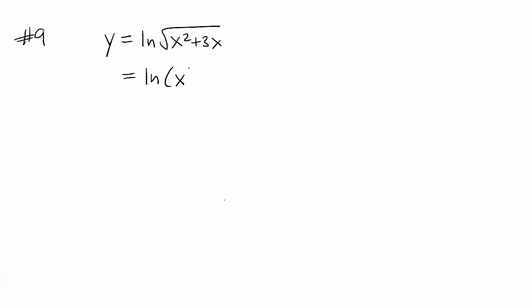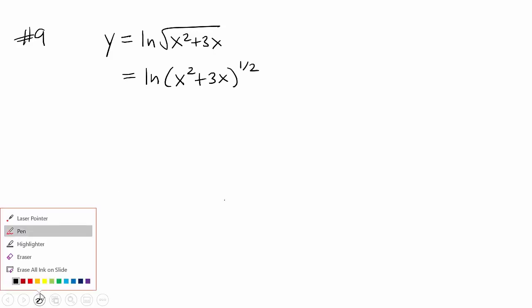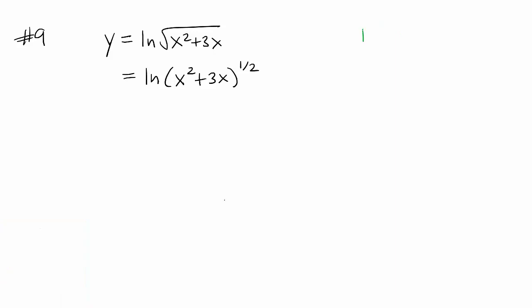So I'm going to rewrite the square root as a 1/2 power, and then I'm going to put on the side here some rules. So you had different rules for logs. There is the power rule. So if you have ln a to the r, you could write that as r ln a. Not a derivative, just a power rule for logs.